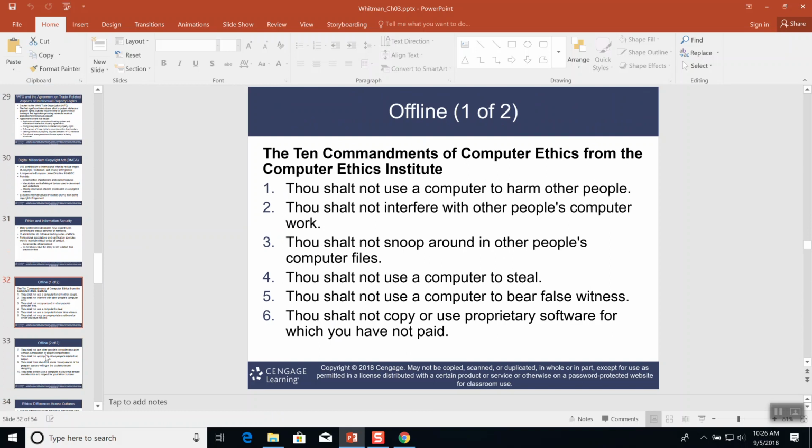Here's the interesting part. 10 Commandments of Computer Ethics from the Computer Ethics Institute. Thou shalt not use a computer to harm other people. Thou shalt not interfere with other people's computer work. Thou shalt not snoop around in other people's computer files. Thou shalt not use a computer to steal. Thou shalt not use a computer to bear false witness. Thou shalt not copy or use proprietary software for which you have not paid.